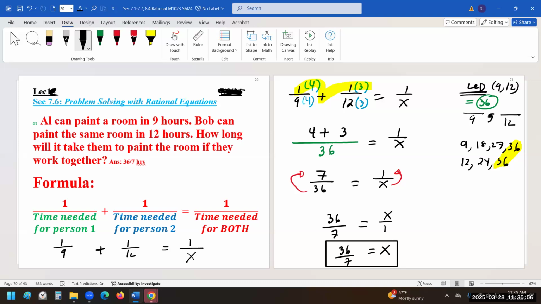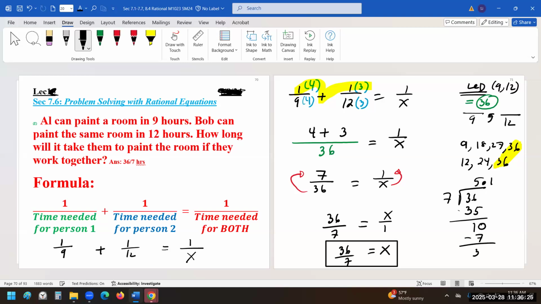But let me convert it to see actually how long it takes if they work together. 36 divided by 7. 7 goes into 36 how many times? 5. 5 times 7 is 35. You subtract, get 1. So it should be a decimal. We put a 0 here and a decimal point in the quotient. 7 goes into 10 how many times? 1.